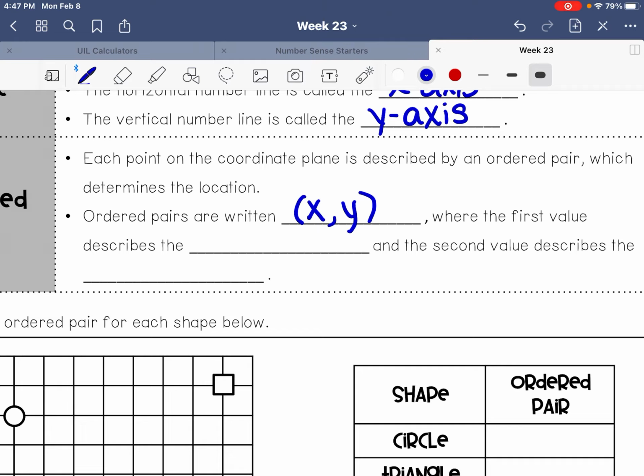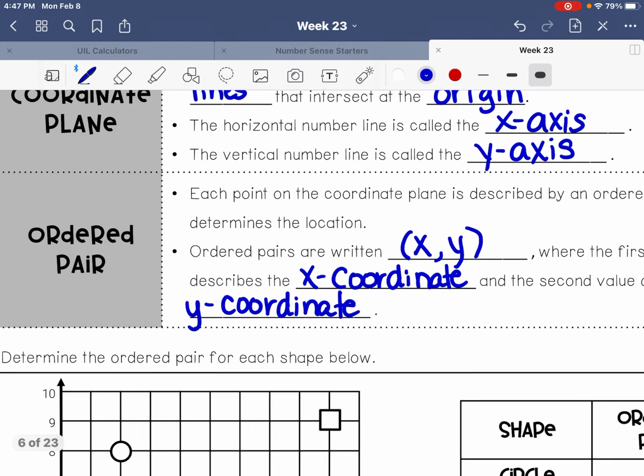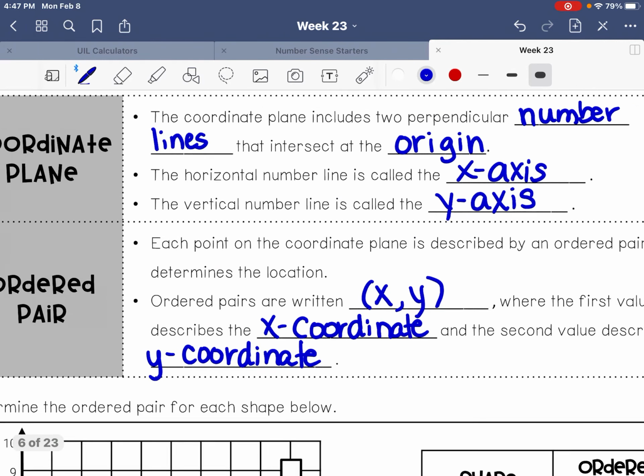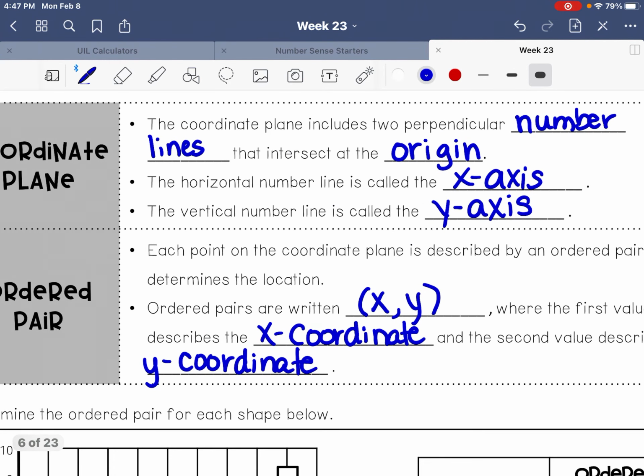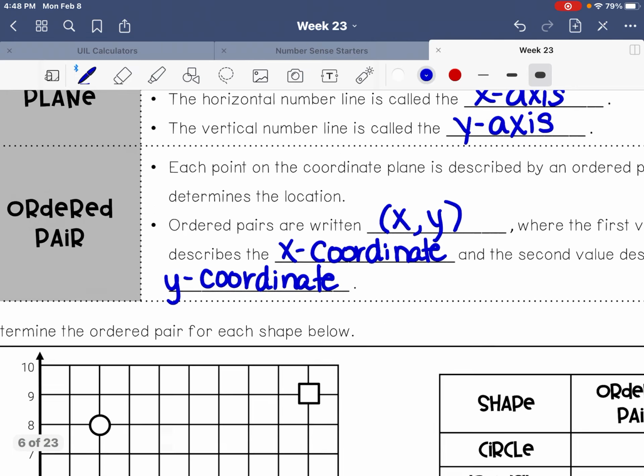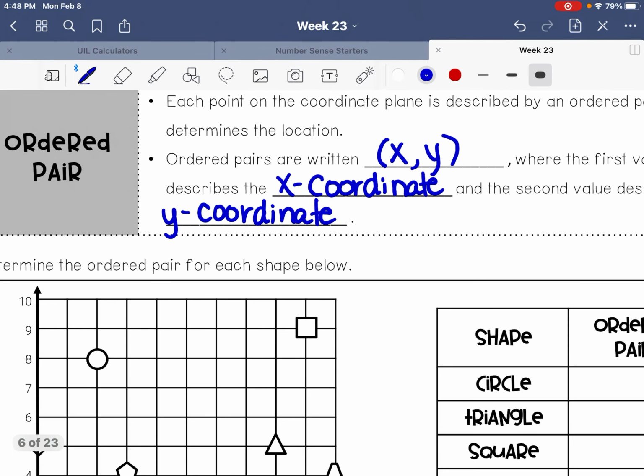The first value describes the x-coordinate, and the second value describes the y-coordinate. So those are two things you need to know: ordered pairs and coordinate planes. You need to know what an origin, y-axis, x-axis, x-coordinate, and y-coordinate are.